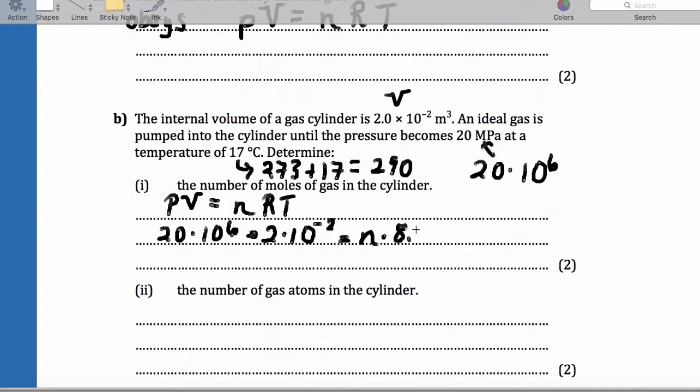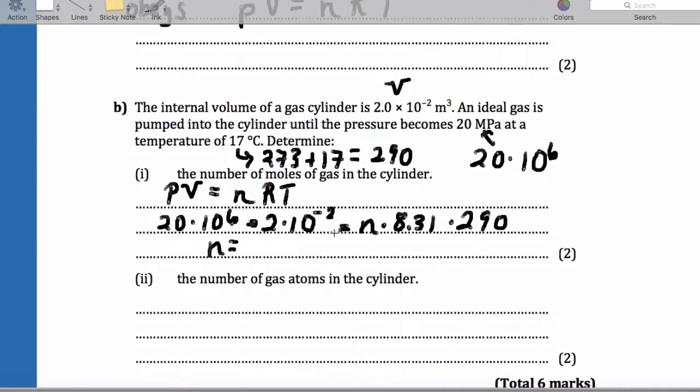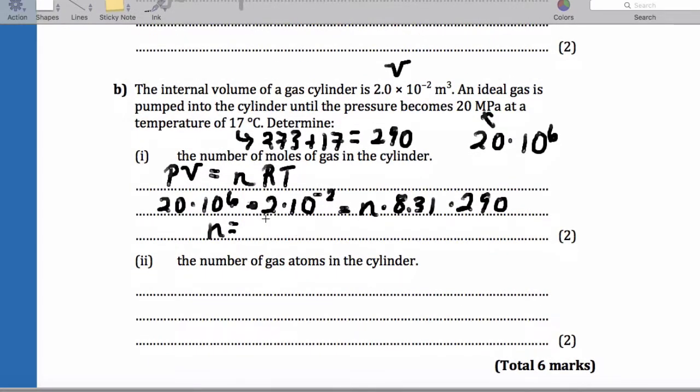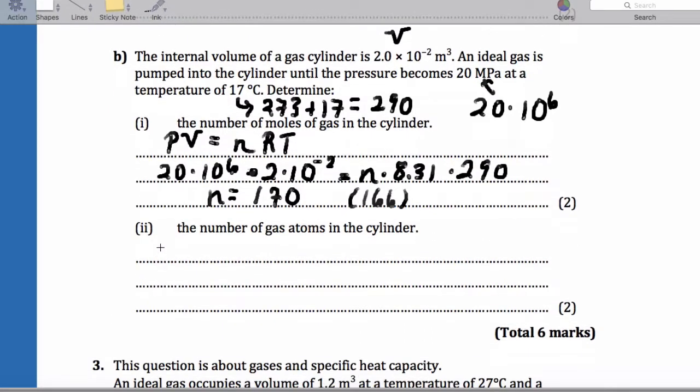Equals n times 8.31 times T, which is 290. And when we isolate n, we're going to end up getting about, now if we're going to do sig figs, I'd say 170. Really, it's 166 when we do the math. Now, the number of atoms, you're going to take 170 times 6.02 times 10 to the 23rd.